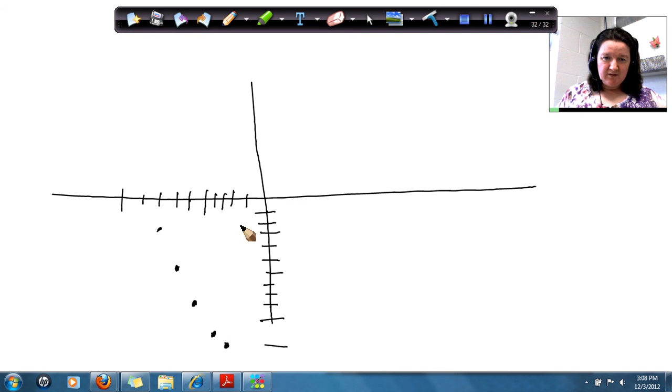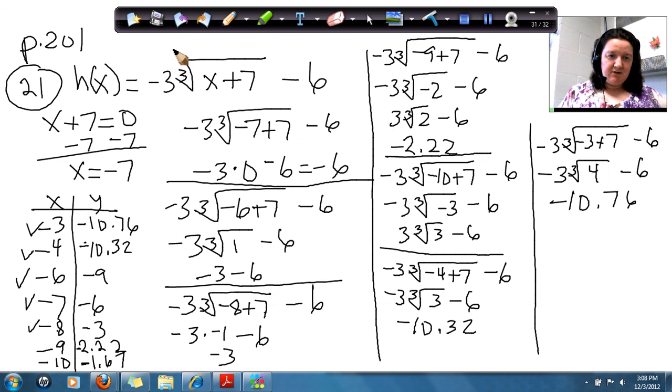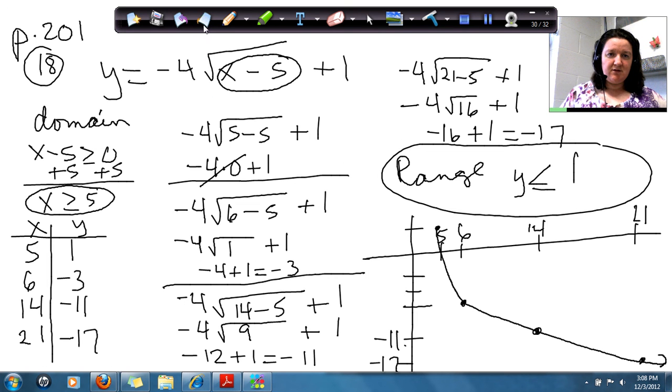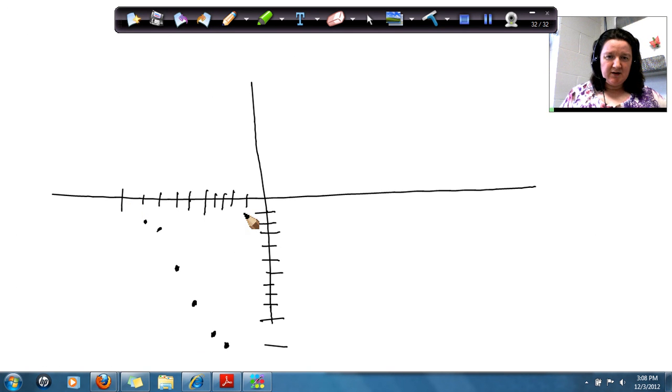So that should be down a little bit further, probably somewhere like that. And then negative 10, negative 1.67.